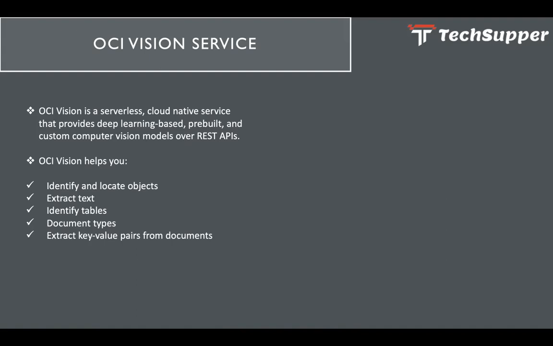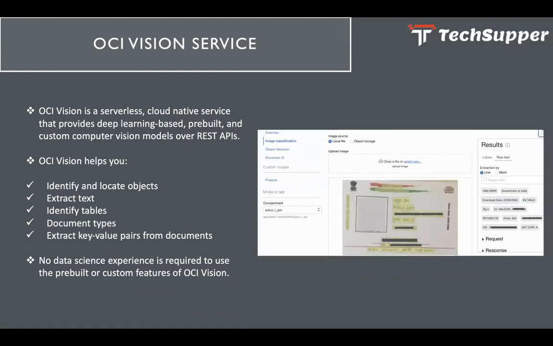For example, you have an invoice with an invoice number. When you provide that document to the service, it will fetch that information as key value pairs. No data science experience is required to use the pre-built or custom features of OCI Vision Service. OCI Vision has pre-built models using which you can identify and extract information from the available documents, or you can create your custom models as well.